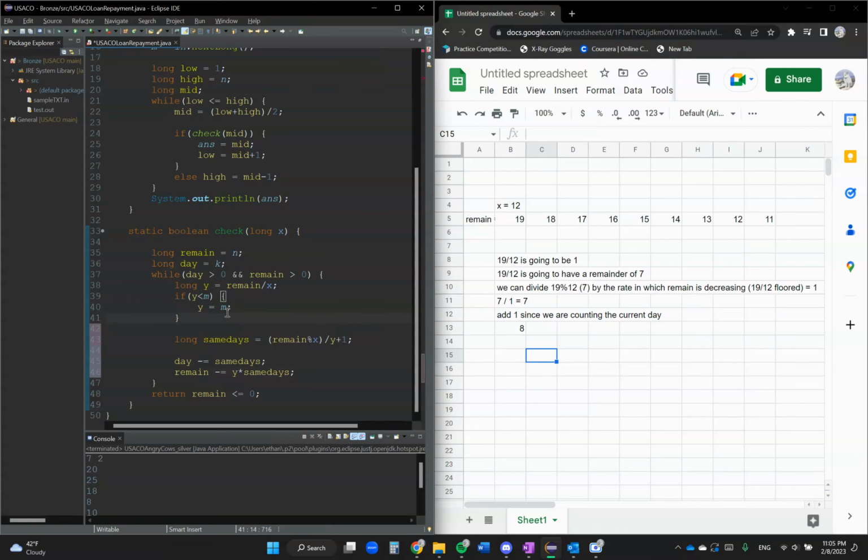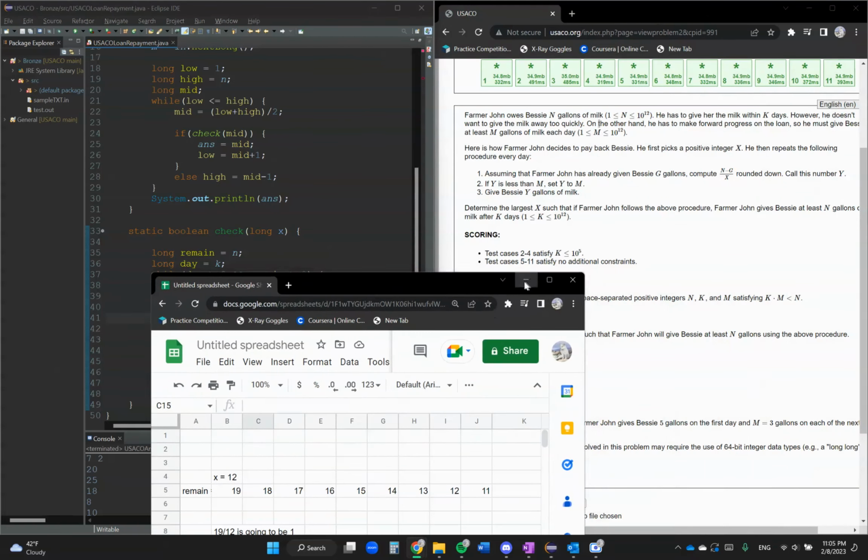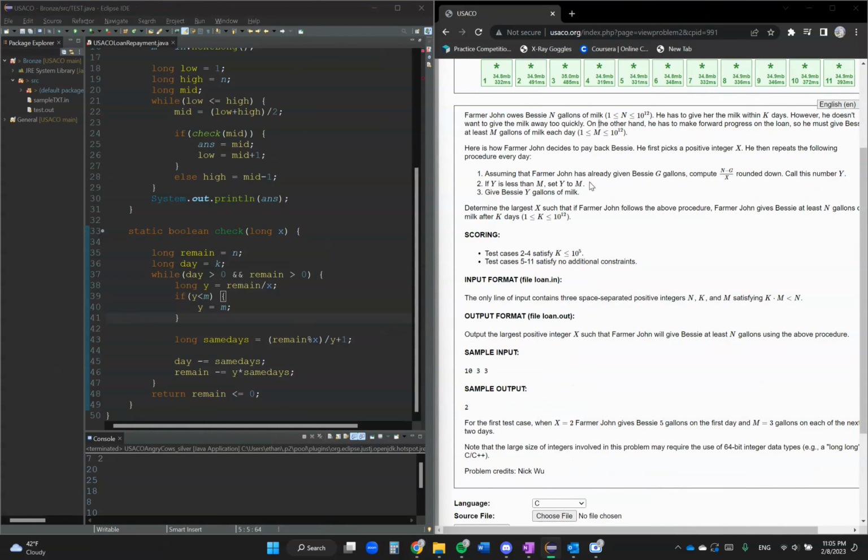And while this does significantly improve our time, there is still one last thing that we can improve, which is when y is less than m. Here, let's see the problem again. If y is less than m, set y to m. But since n minus g, the number of remaining days, is only going to be decreasing as the days go by, the number y is also only going to decrease. So if y is less than m at one point, it's always going to be less than m for the rest of the days.